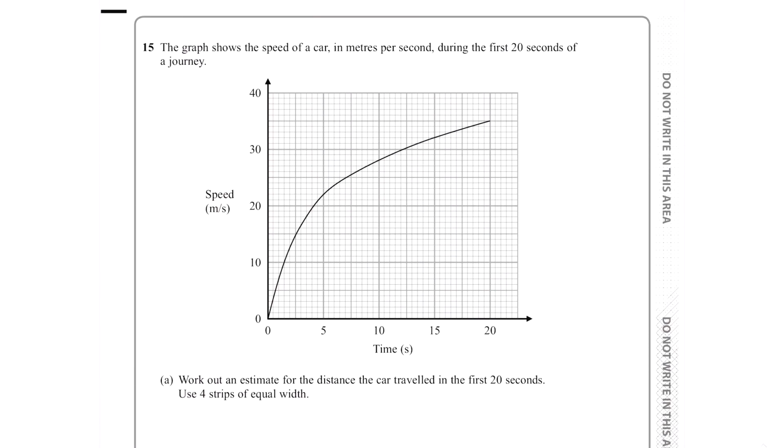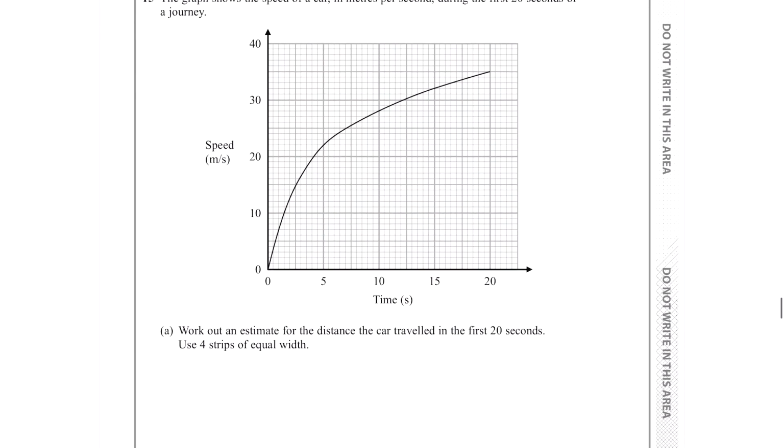Question 15. The graph shows the speed of a car in meters per second during the first 20 seconds of a journey. Work out an estimate for the distance the car traveled in the first 20 seconds. Use 4 strips of equal width. So we have been given some instruction here. We know the area under the graph represents the distance, and it says 4 strips of equal width.